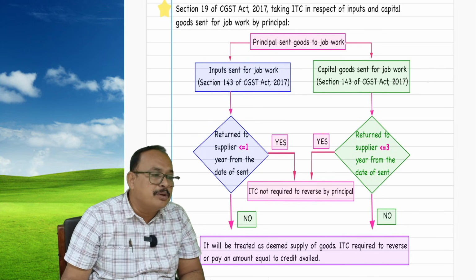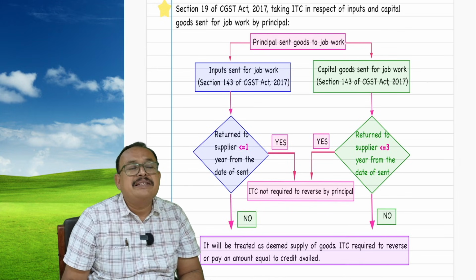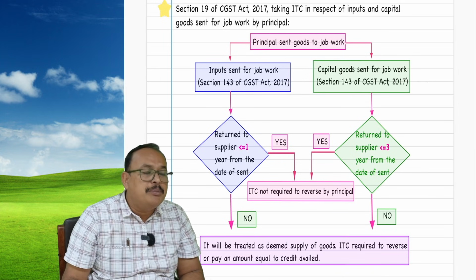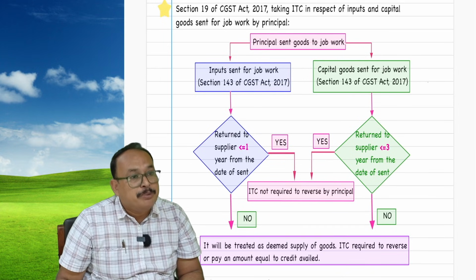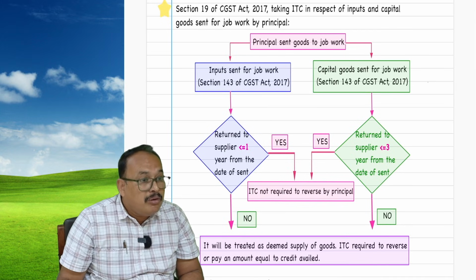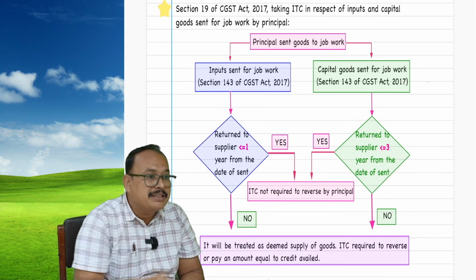In case of capital goods, the goods should come back within 3 years from the date of dispatch. If unable to return, apply to the commissioner for an extension. In the case of input goods, 1 more year can be extended. In the case of capital goods, 2 more years can be extended.